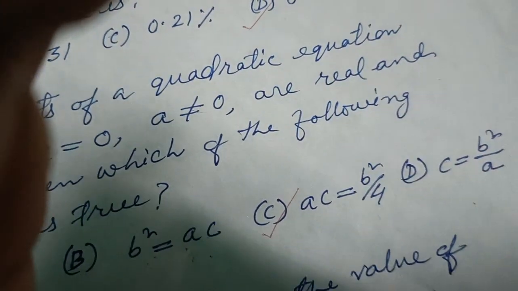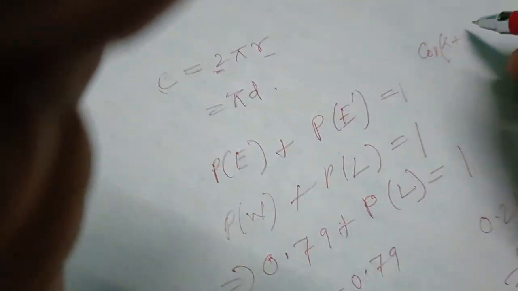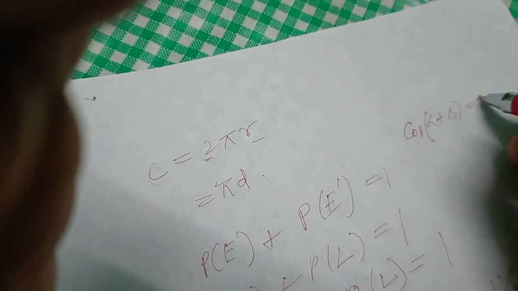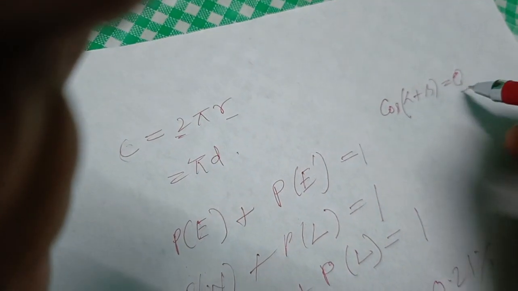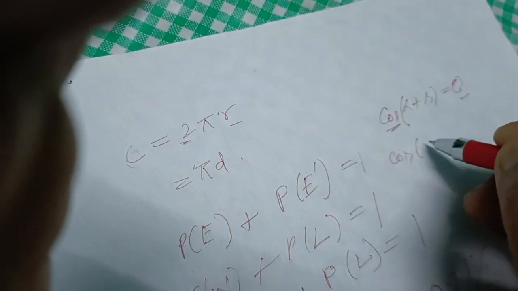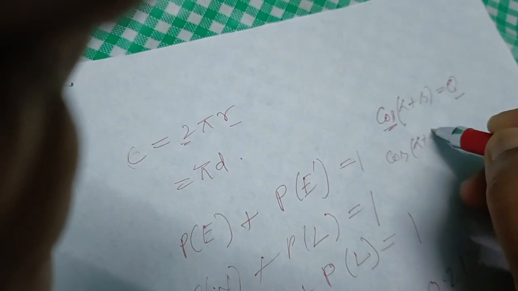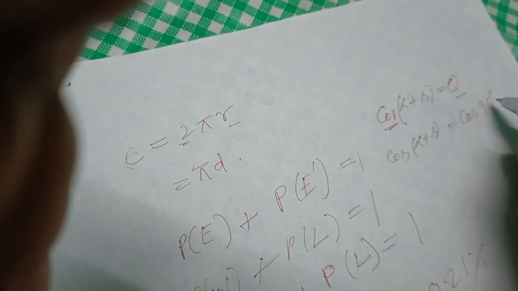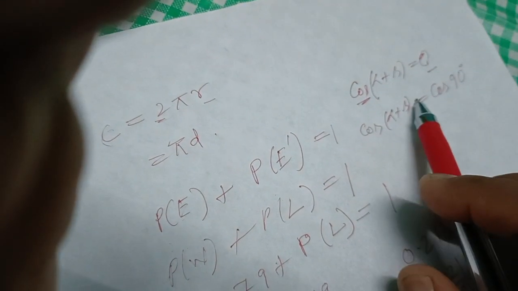As it is 0, make this equivalent to a cos ratio: cos(alpha plus beta) is equal to cos 90 degree, which is 0. Clear? You know cos 90 is equal to 0.